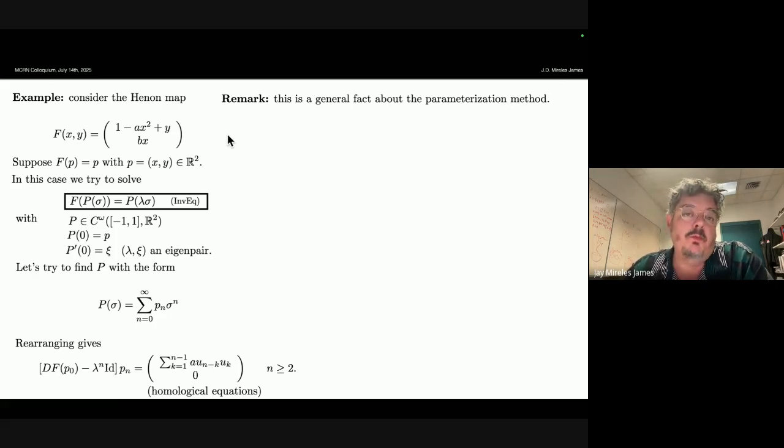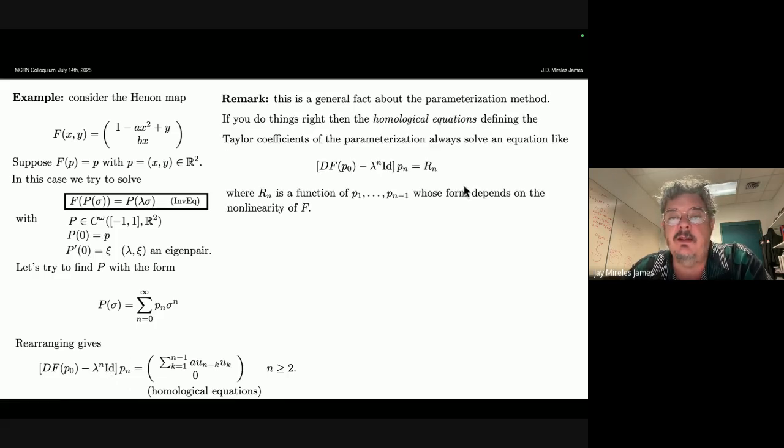Okay, so what we just did was especially worth doing, I think, because it's indicative of what always happens, which is that these homological equations always look like your derivative of your diffeomorphism at your equilibrium. Now, for a one-dimensional manifold, this will always be your stable or unstable eigenvalue to the nth power times your nth coefficient, and then some nonlinear term that depends on lower order things.